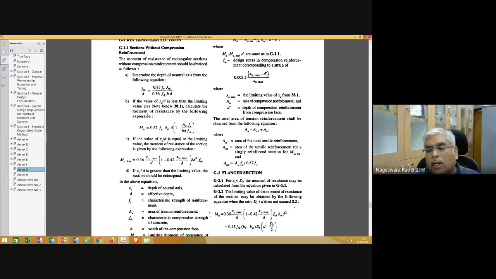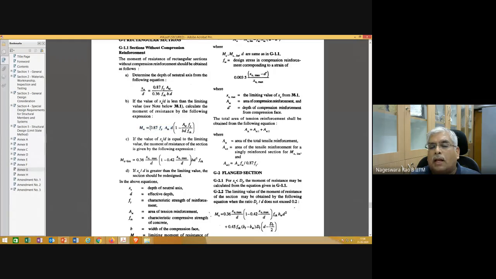That means your neutral axis depth is less than that required for a balanced section. So the moment carrying capacity of a given section is going to be dictated by the steel.